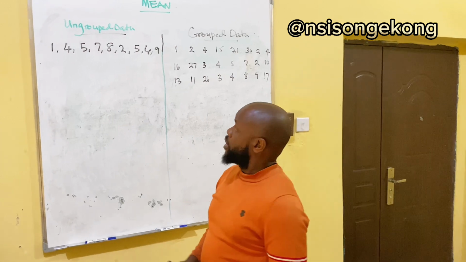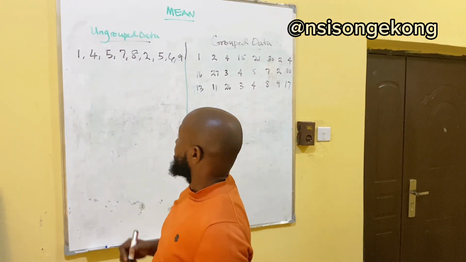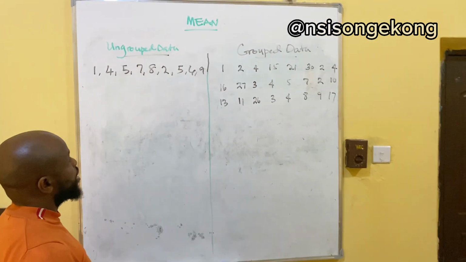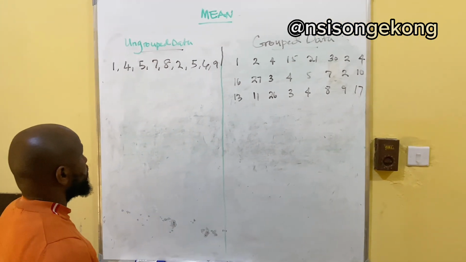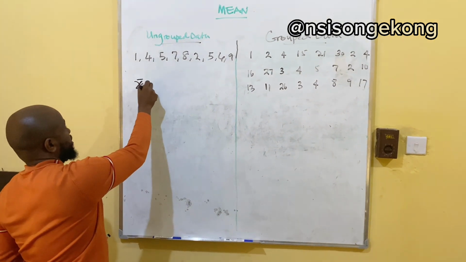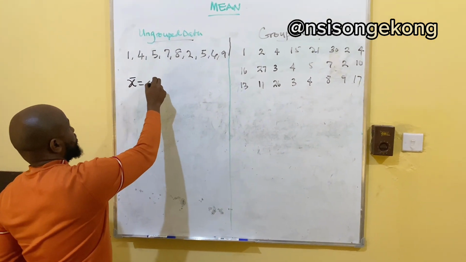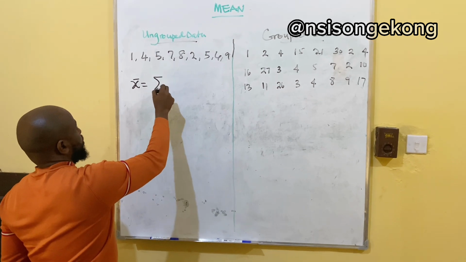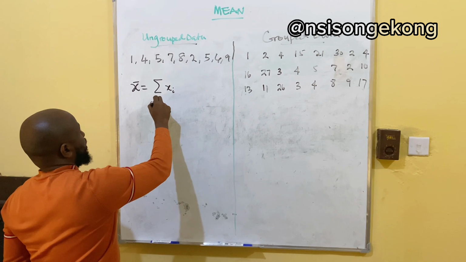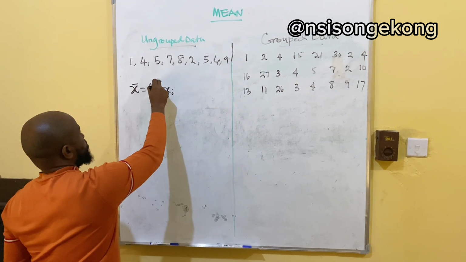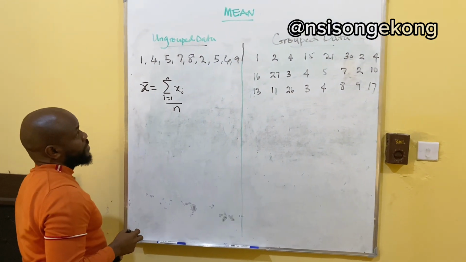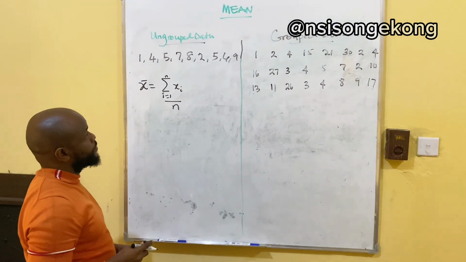the mean. A given group of data set, like here we have on the board 1, 4, 5, 7, 8, 2, 5, 6, 9. The mean, which is represented x bar, is simply the sum of all the data as i runs from 1 to n, divided by the number of data points we have in the data set.